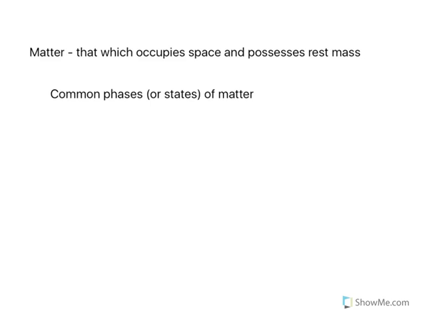The most common phases, otherwise known as states, of matter are gas, liquid, and solid. So matter is that which occupies space and possesses mass, and common phases of matter are gases, liquids, and solids.